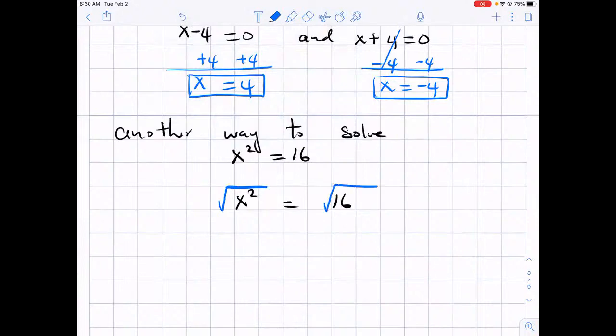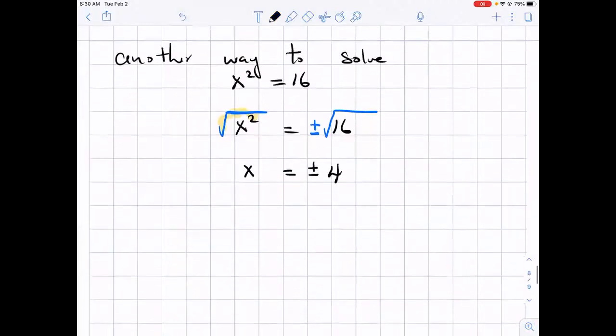But when you take the square root of the right side, you have to put that plus or minus, which we talked about when we did exponents. So now these two things will cancel out, leaving us with just x equals plus or minus the square root of 16, which is 4. That really means that x is equal to 4 and x is equal to minus 4. So you do get the same answer.